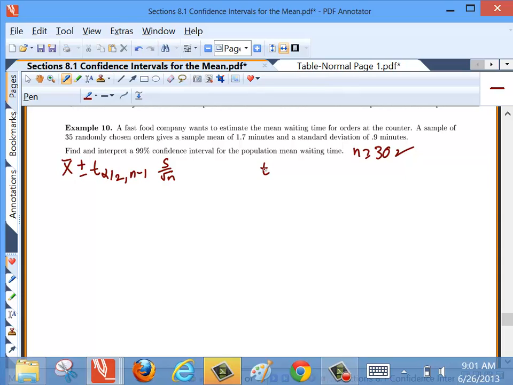That would give me 0.005 in each tail. So I need 0.005 in the right tail, and what are my degrees of freedom? 35 minus 1 is 34, and we will need to round down to 30.